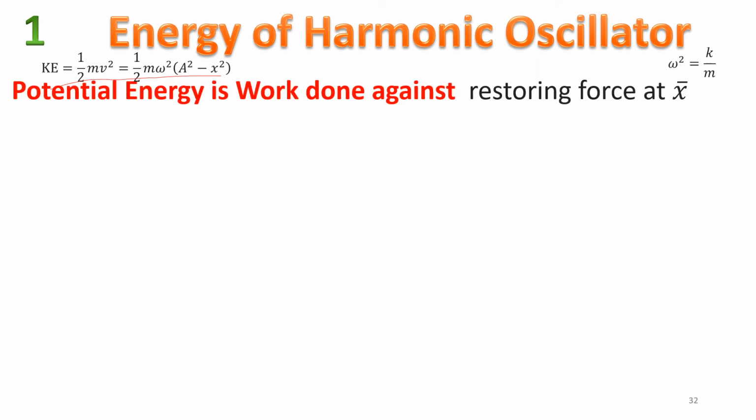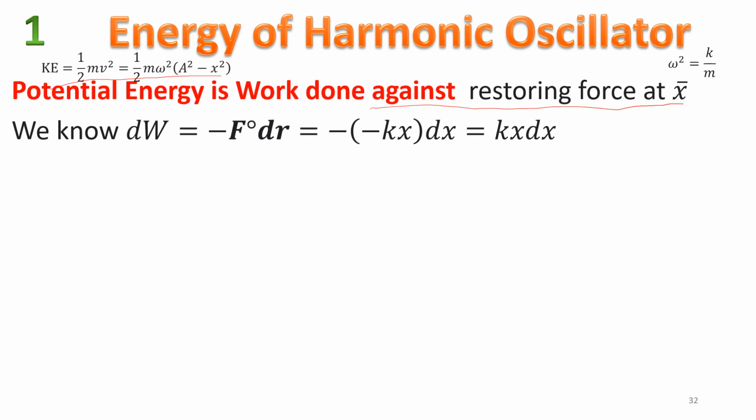We have done this. Then potential energy is the work done against restoring force at the position. So work done is minus F dot dr. So minus of minus kx, force is minus kx into dx. So we are left with k times x times dx, that is dW.